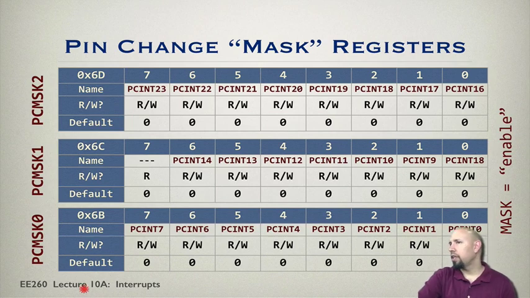These are associated with different masks: PC mask 0, mask 1, and mask 2. Basically every interruptible pin has a mask associated with it.